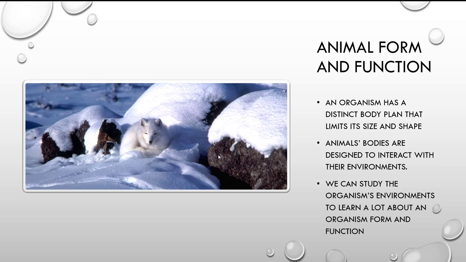So it has that adaptation. You can also notice that the Arctic fox is a predator, so the ears are pointed forward, and its eyes and nose are pointed forward instead of on the periphery like our prey species. You can see the thick fur to help keep them warm during the winter and so forth. So there's a lot of different things that we can just observe, that this Arctic fox has adaptations to allow it to survive in its environment. Okay.